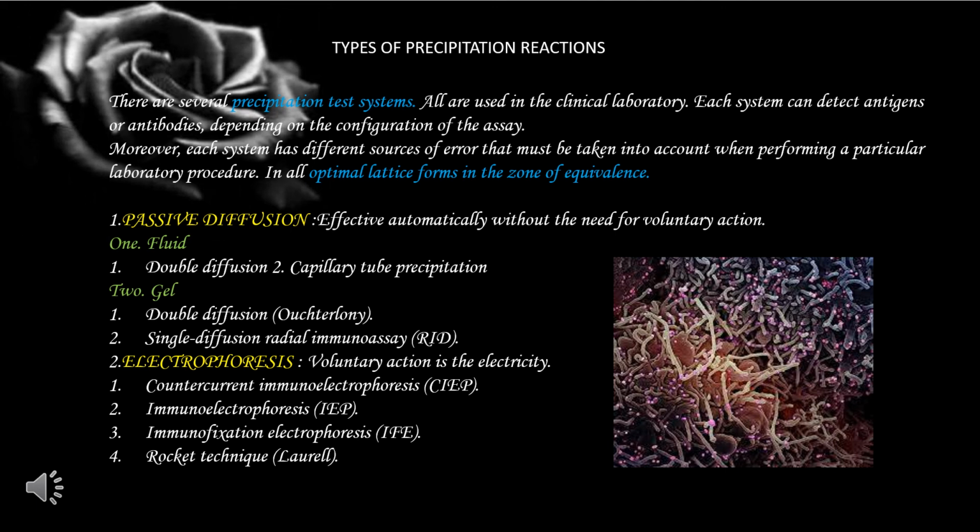Sometimes it is in one fluid, which can be the double diffusion method or capillary tube precipitation. Secondly, it can be in gel, based on which we perform double diffusion or single radial immunodiffusion assay.